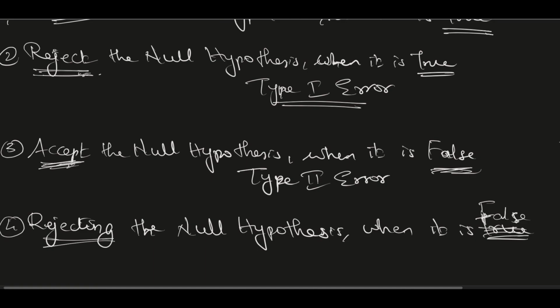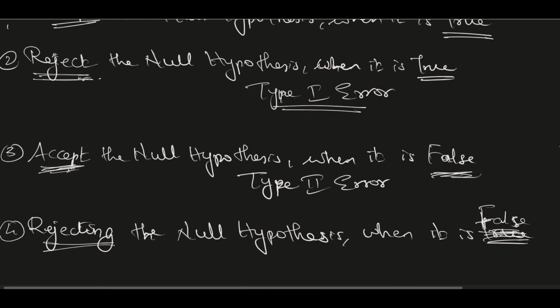So, the null says mu is equal to 15, which assume is false, and you are rejecting it, which is good. So yeah, these can be the four outcomes.